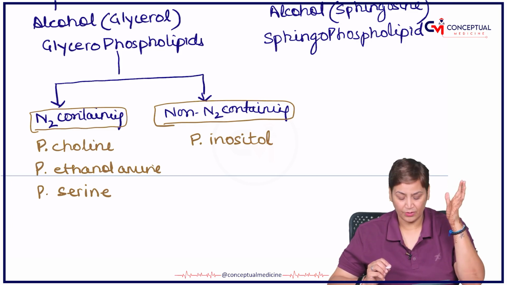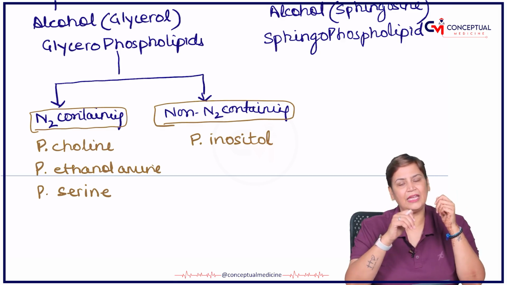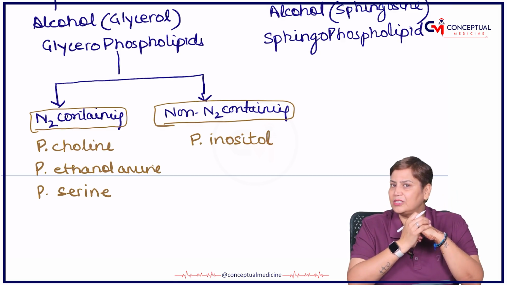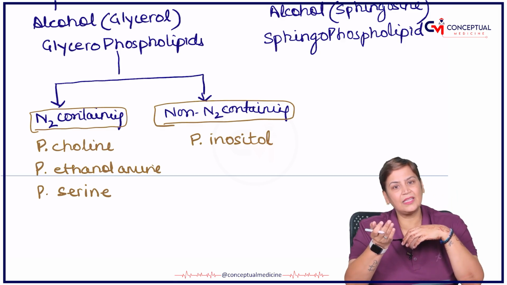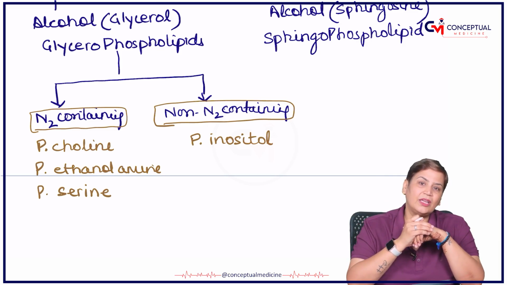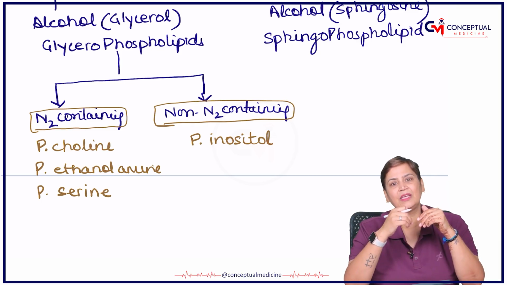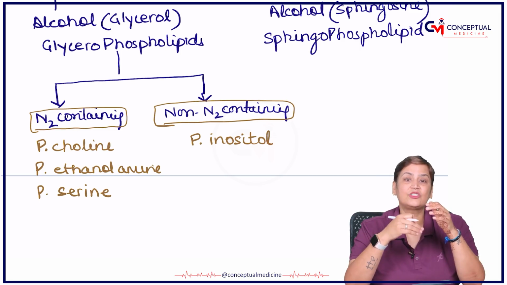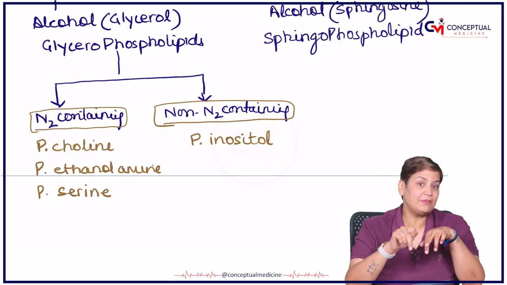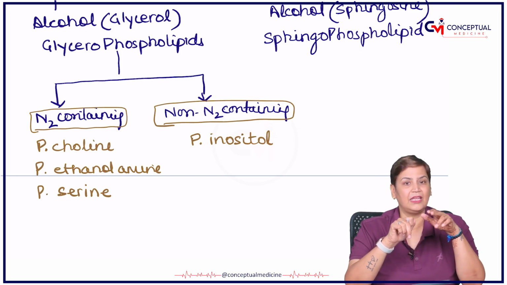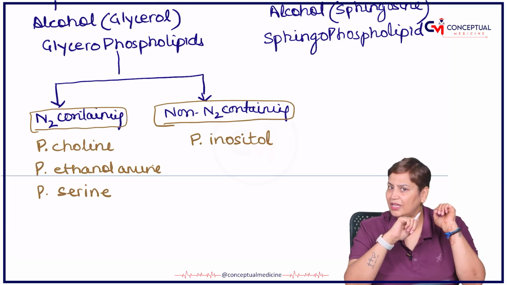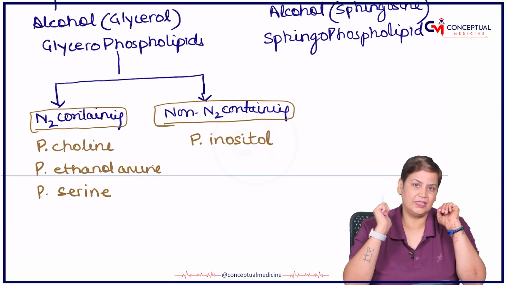Very important. Because if we talk about metabolism, we know something is synthesized in the body which is also degraded in the body. When the enzyme required for degradation is absent, there will be accumulation of that particular thing in the body, which will lead to diseases.